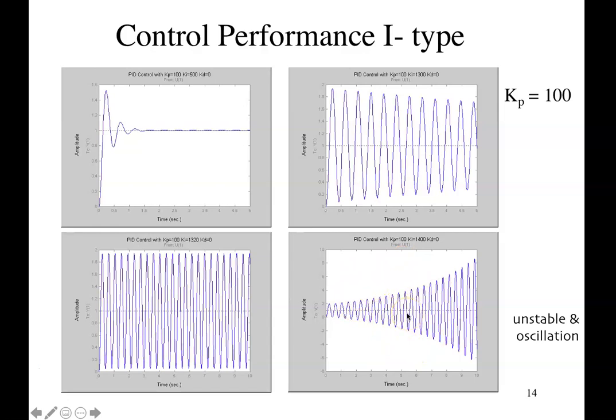Because the oscillation gets bigger, it gets out of control. It's something we want to avoid as control engineers. So in summary for this slide, the integral gain has the effect of eliminating the steady state error, but you need to be careful with stability, not to use that gain too much.